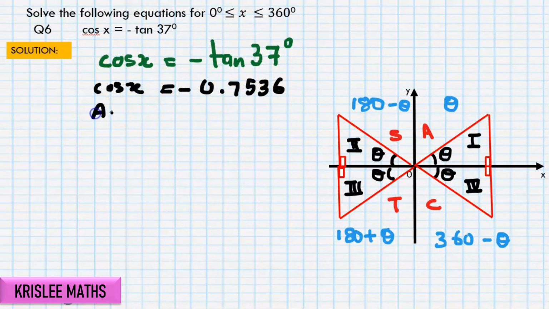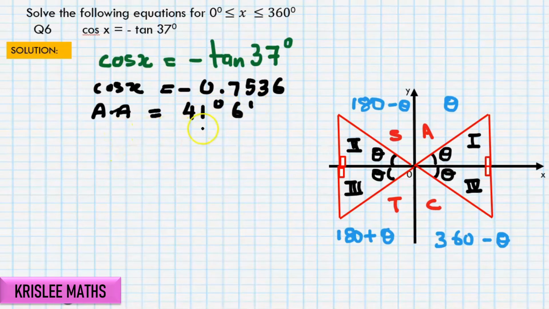Now you have to find the acute angle. Remember, in order to find the acute angle, you have to press shift cos 0.7536. Neglect the negative sign first. Just use the positive value and find the acute angle. So the acute angle here is 41 degrees 6 minutes.